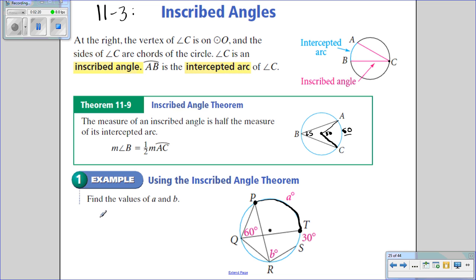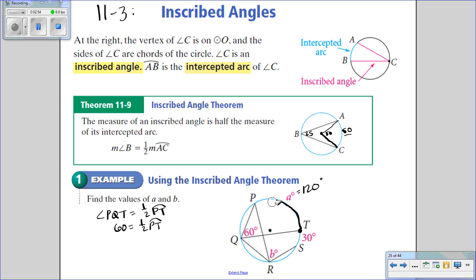I know angle PQT is half of arc PT, as stated above. So if this angle is 60, that's half of the measure of that arc. So this arc right here, arc PT, should be double 60, which is 120.